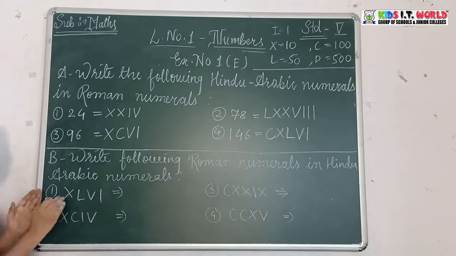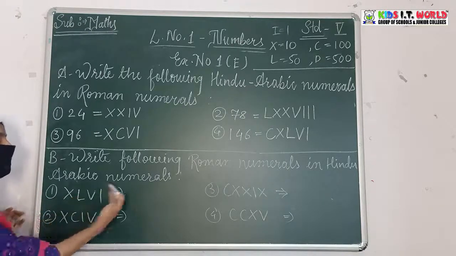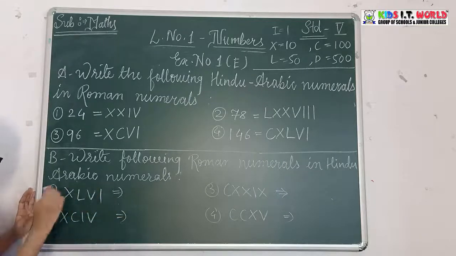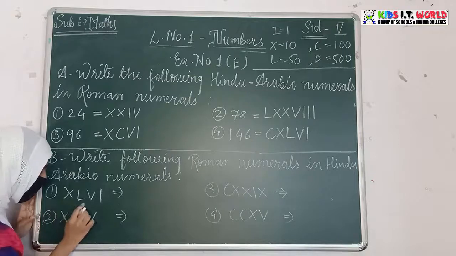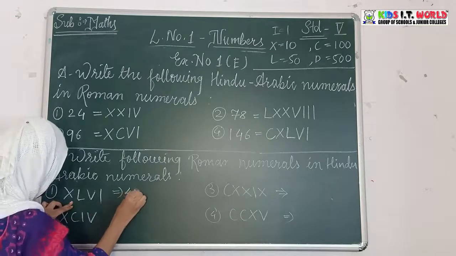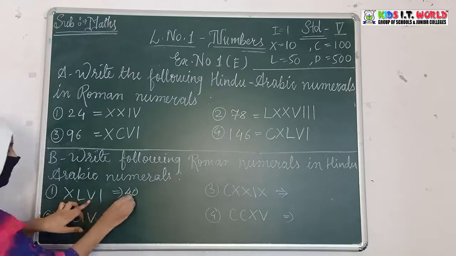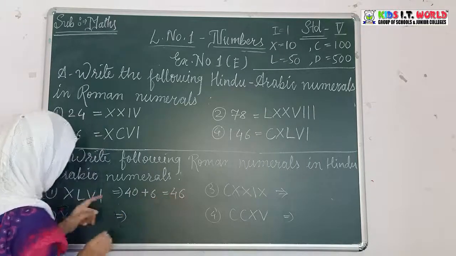In the same way, if you know the value of each alphabet, you can easily convert it into Indo-Arabic numerals. See, XL means 40, and this is 6, so it is 46.